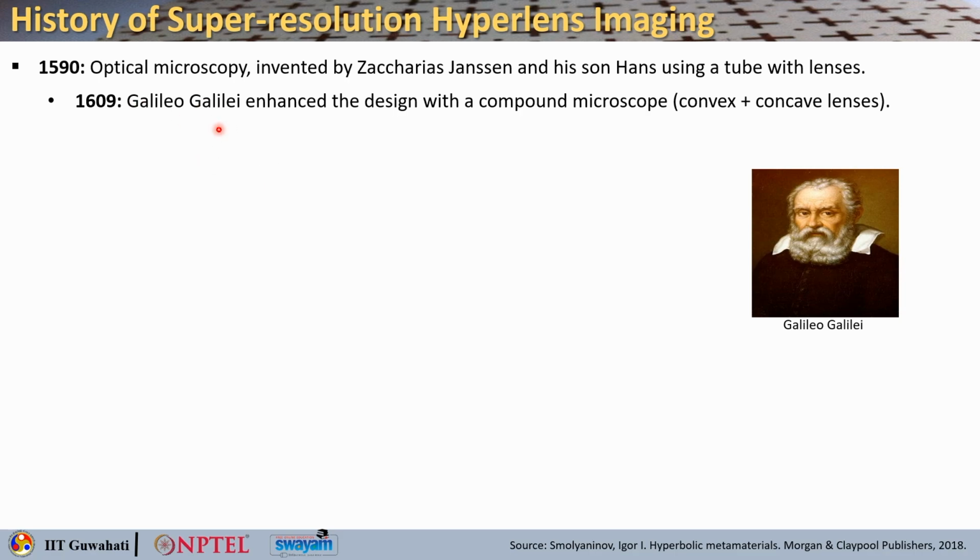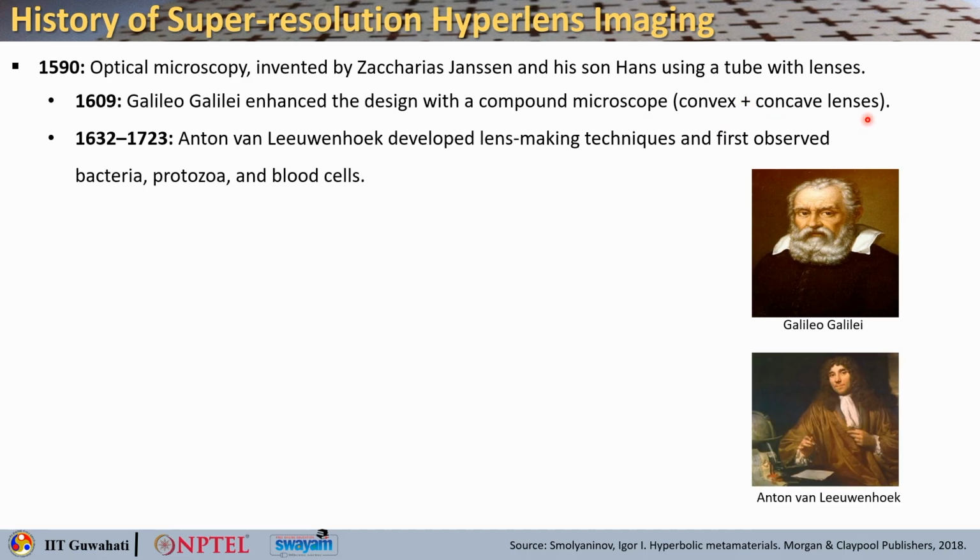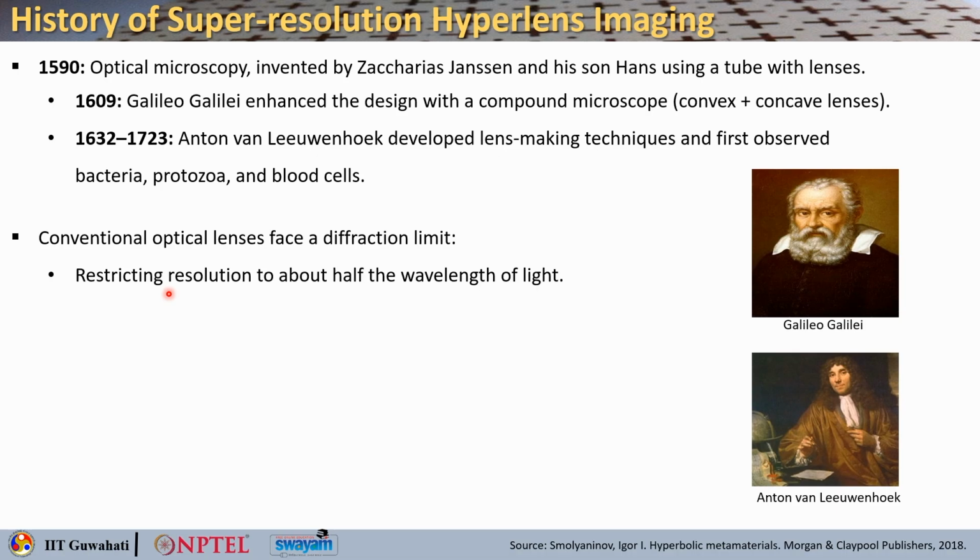Then in 1609 Galileo enhanced this design with a compound microscope that has convex and concave lenses, and then in this period Anton developed lens making techniques, and he was the first one to observe bacteria, protozoa and blood cells.